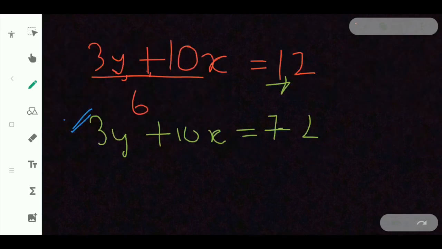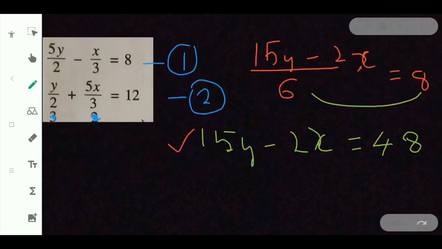3y plus 10x is equal to 72. I am writing here 3y plus 10x is equal to 72.